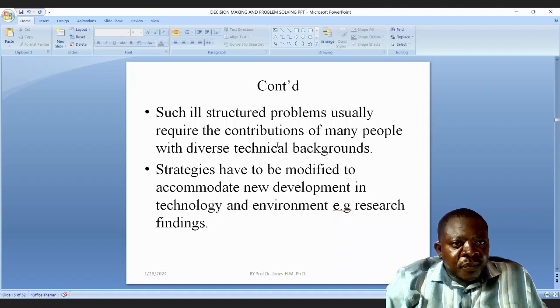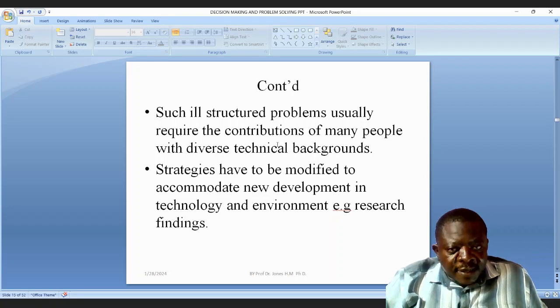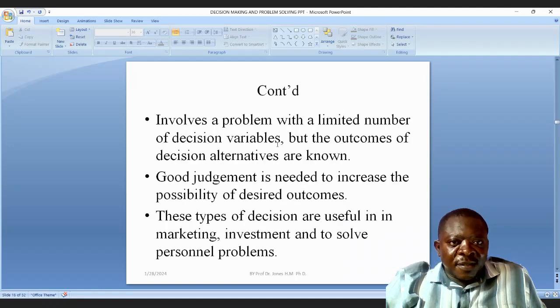Like when you're doing research, you are going to have certain research findings that you can use as a solution to the problem that you might have been facing. Hence, this will help you to make a decision looking at the research findings. It also involves a problem with a limited number of decision variables, but the outcomes of decision alternatives are known.